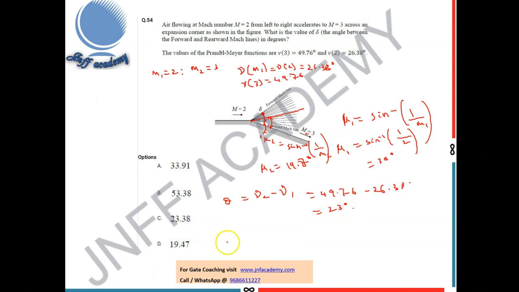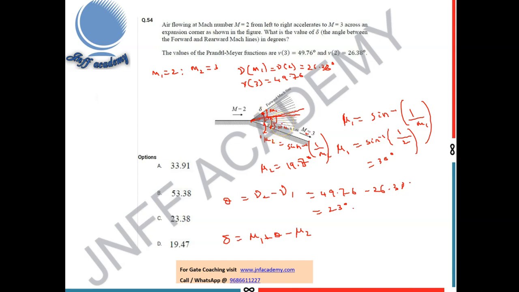So the formula for delta, which is the fan angle, is mu1 plus theta minus mu2. That will clearly give you the fan angle, where mu1 is this angle, mu2 is this angle, and theta is this angle. So you sum these two and minus this one.